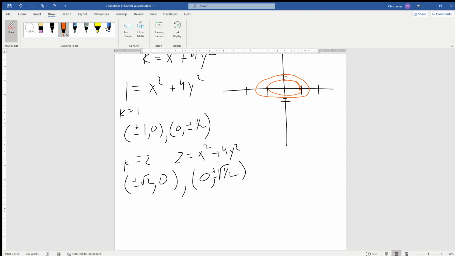All right, I know that's not too good. Let's try again. Probably no better this time. Okay, a little bit better. And we could go on from there. All right, so you could probably figure out another one, but that's what some of the level curves might look like for this structure.